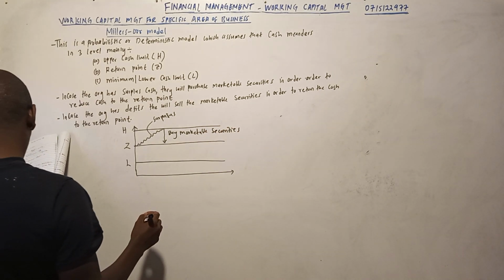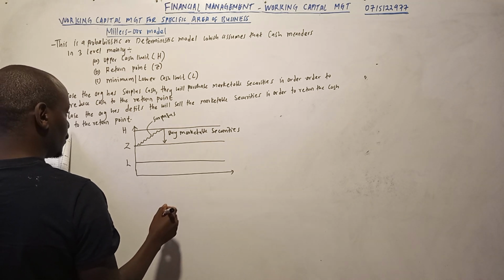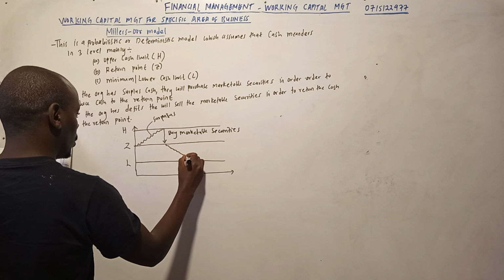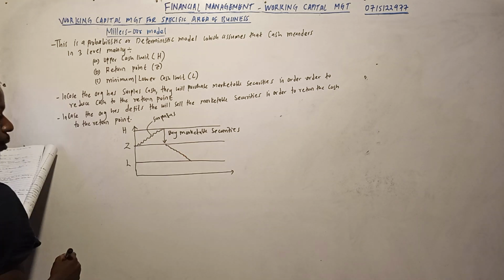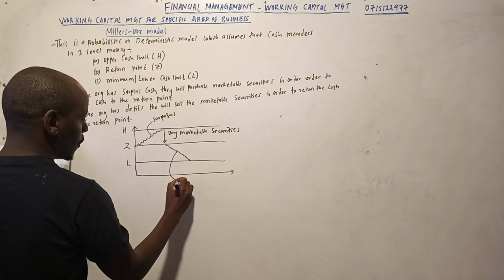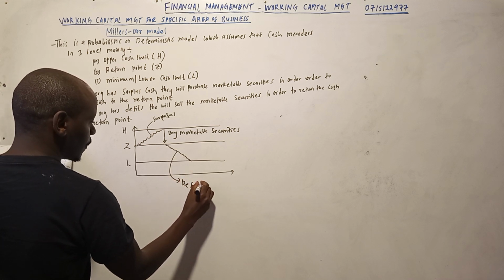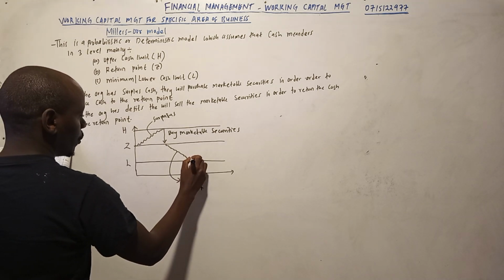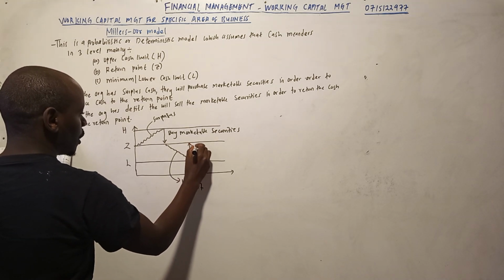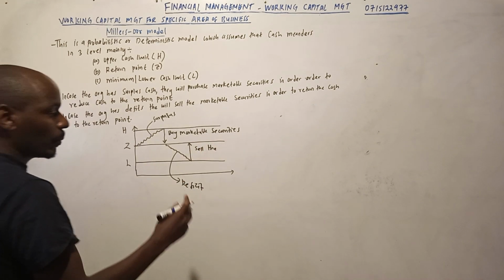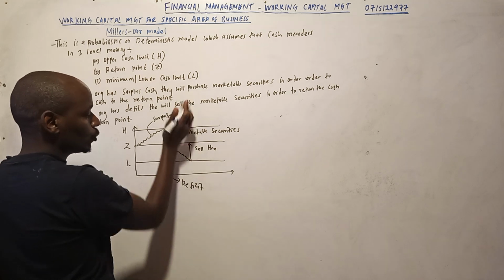Now, what if we are below? It means we are at a deficit. So what do we do? We sell the marketable securities so that we return to this point.